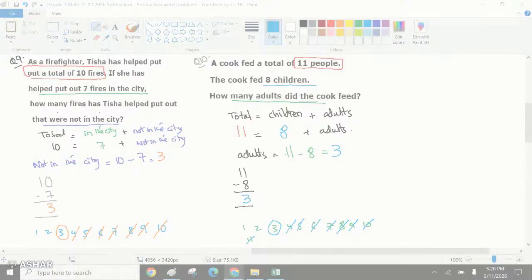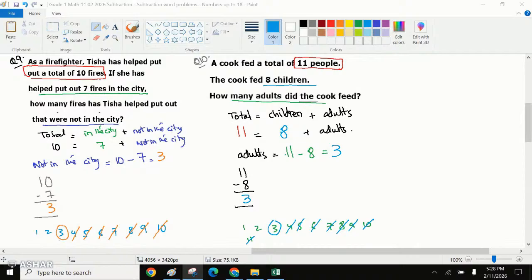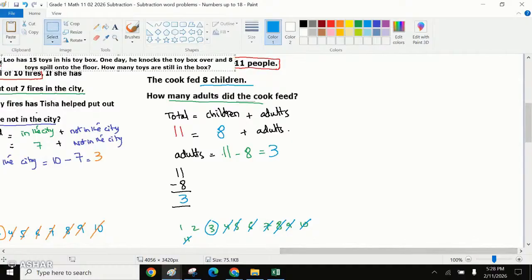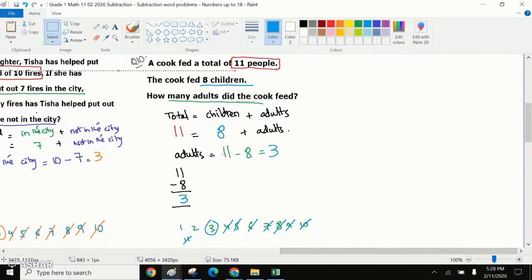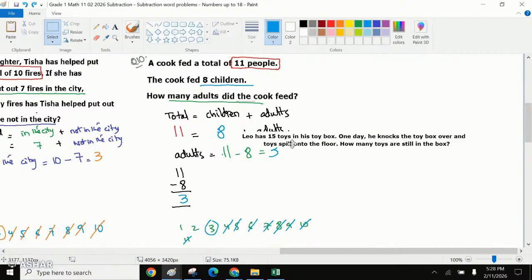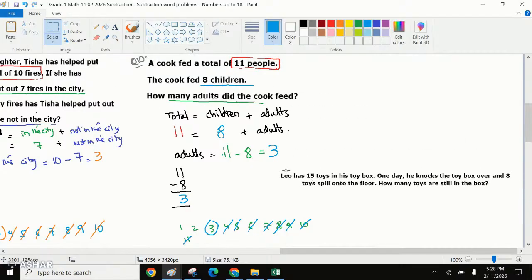If Leo has a certain number of toys, and the number is 15. If Leo has 15 toys in his box, okay?